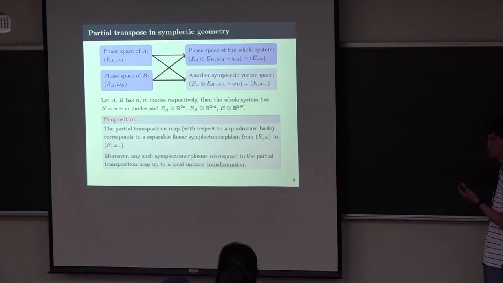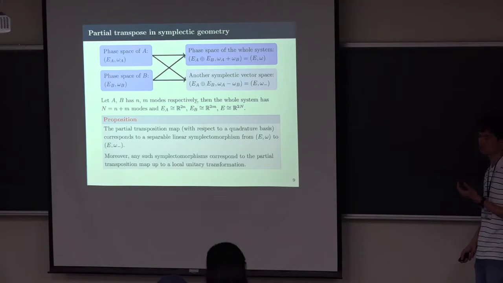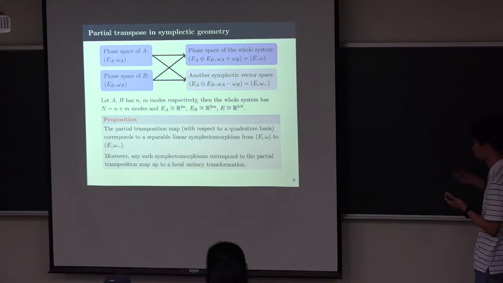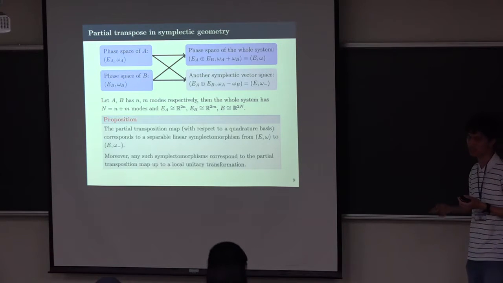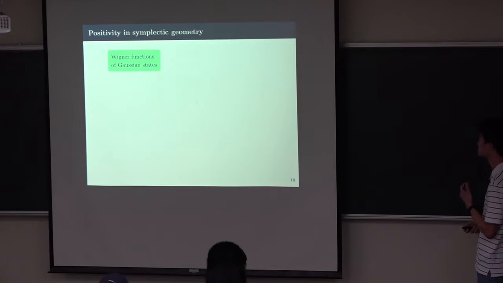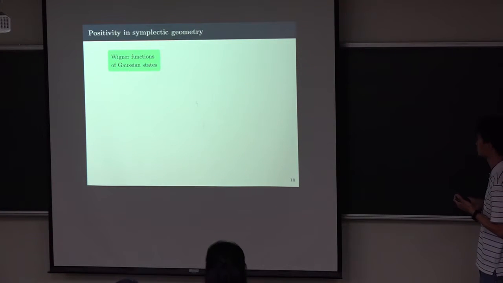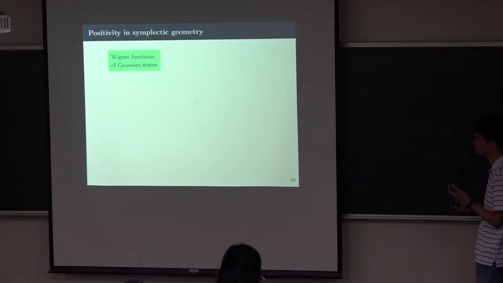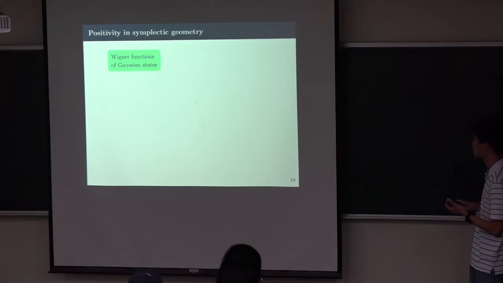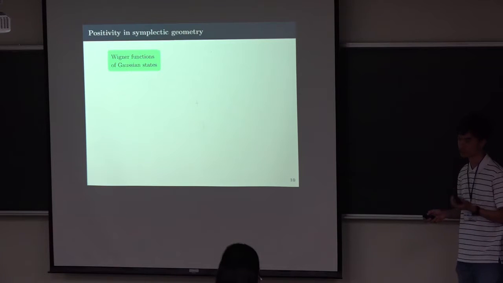But to describe PPT, we also need a geometric description of positivity or the validity of a state. But it's more difficult. So let's first look at the case of the Gaussian states. This is the set of Wigner functions of all Gaussian states.